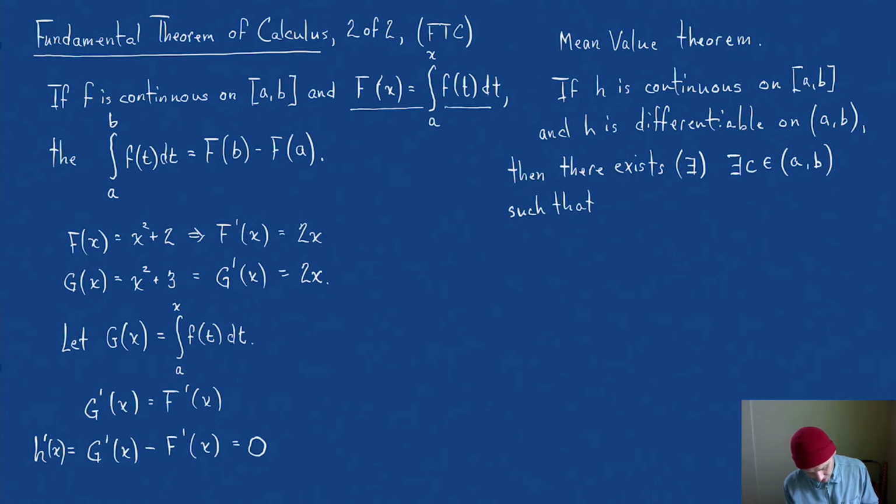In other words, if this is your function h, then there's some point in this function where you could make a secant from the point a to point b, or h of a to h of b. So let me make a better picture here.